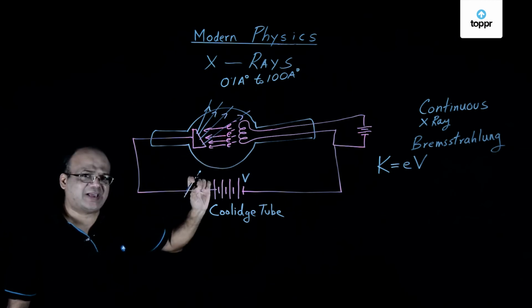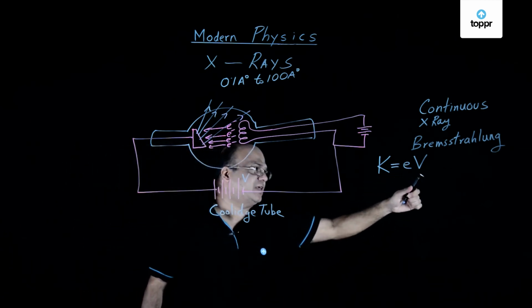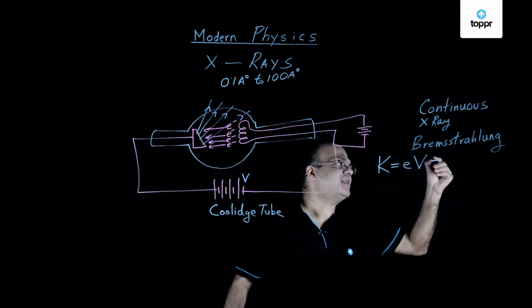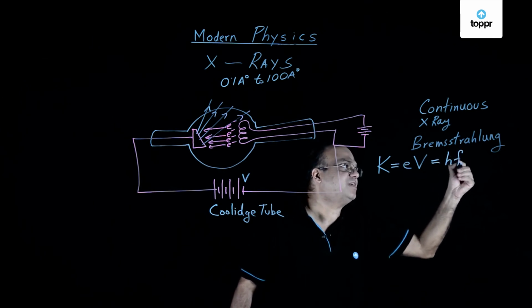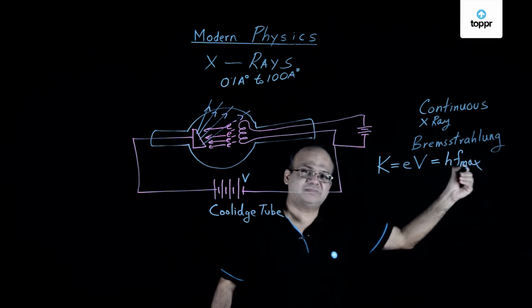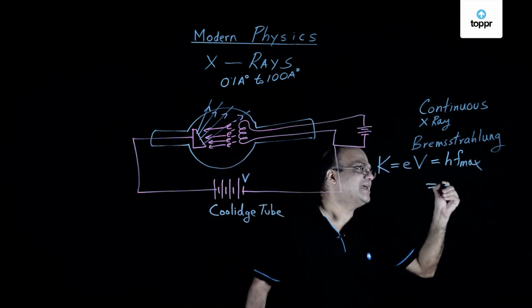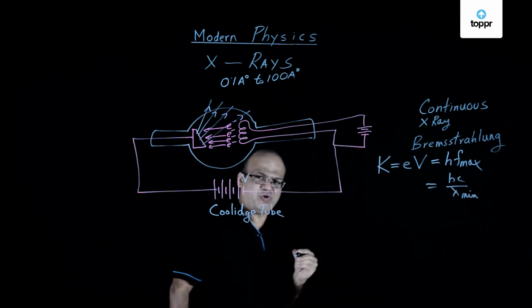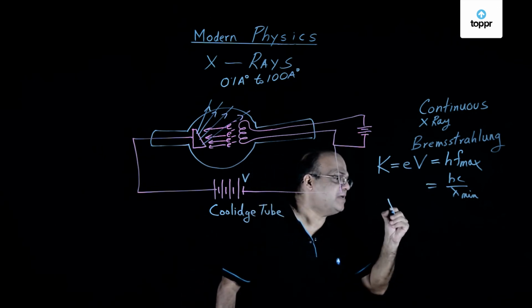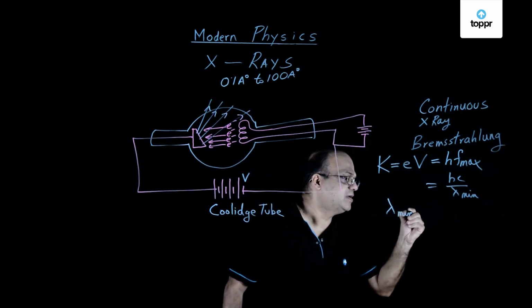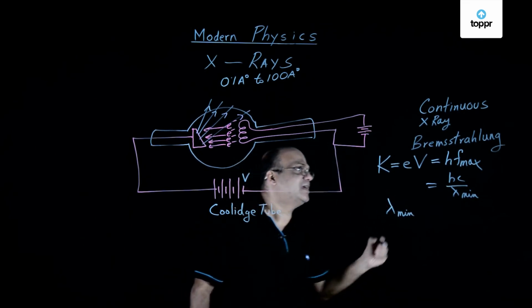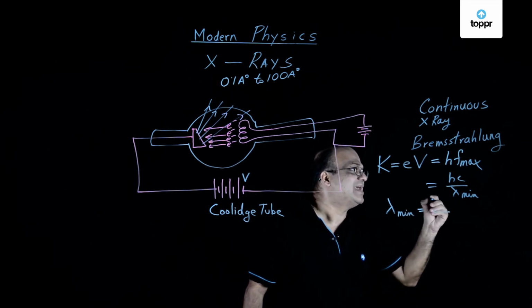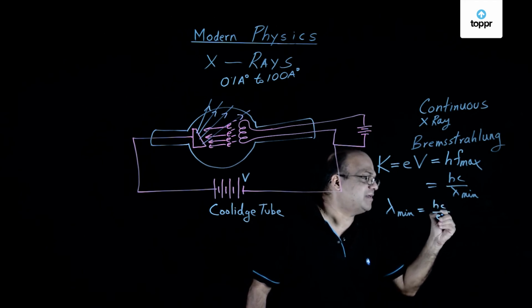So the maximum kinetic energy that the electron gains is K equal to eV. When this full thing is converted to an X-ray photon, we get the maximum energy X-ray photon, whose energy is given by this formula, hf maximum. And this is also equal to hc by lambda minimum. Therefore, in this process, the minimum wavelength X-ray photon that we get is having a wavelength of hc by eV.